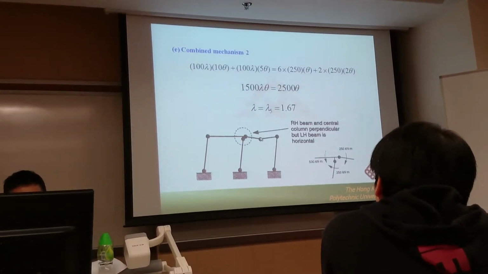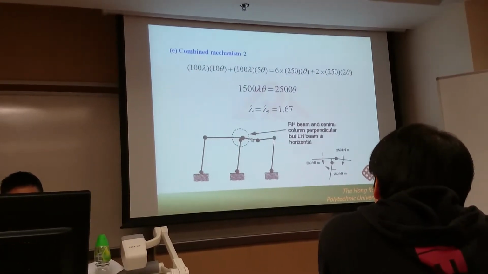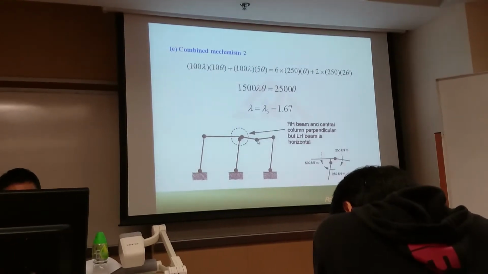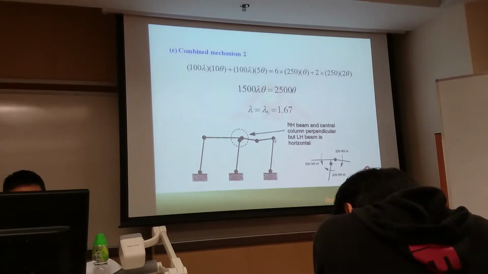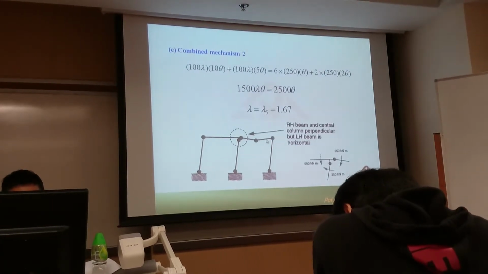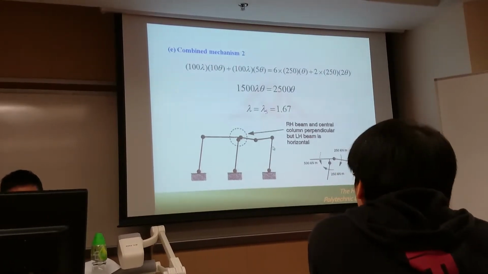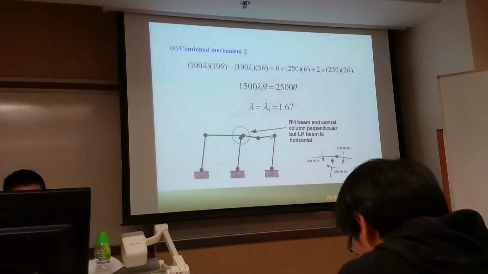And for this point, because there is rotation for the left segment and the right segment, the total rotation angle for this plus hinge is equal to 2 theta. Again, for this plus hinge, there are rotations for the beam as well as the column, so the total rotation is equal to 2 theta.